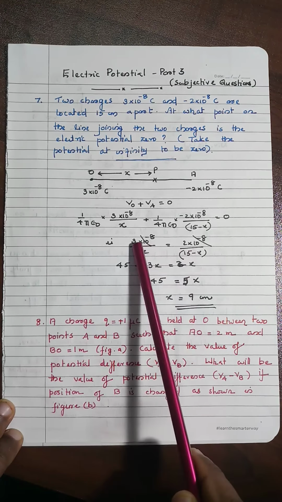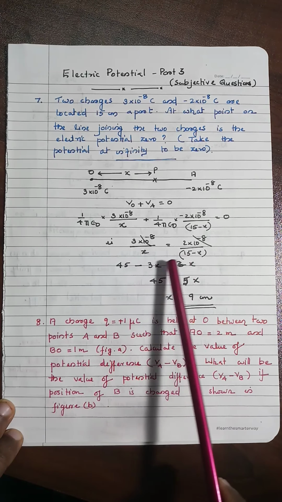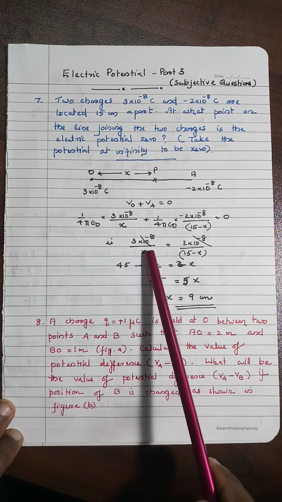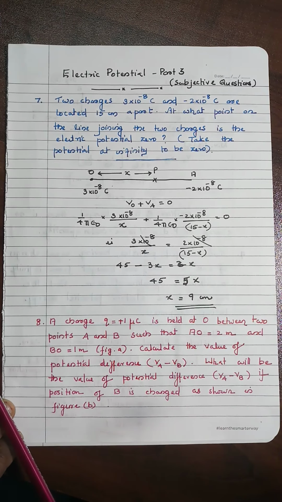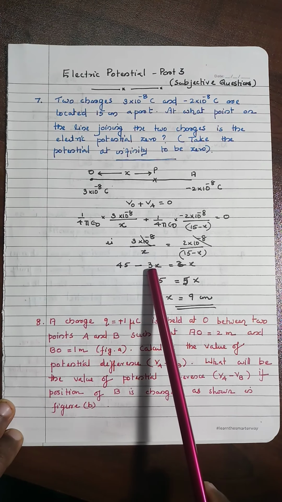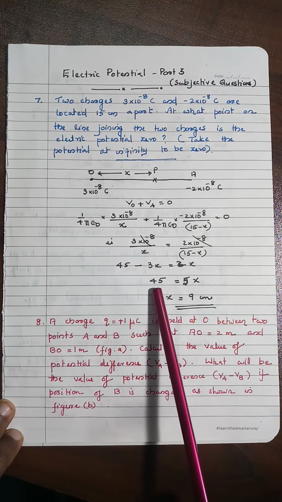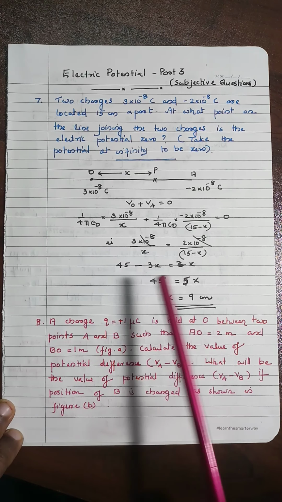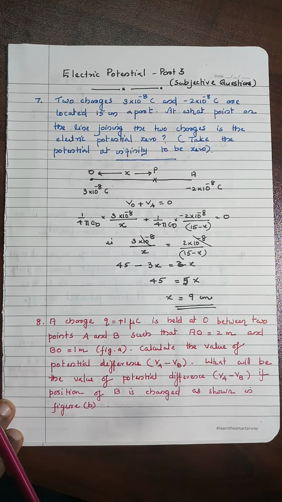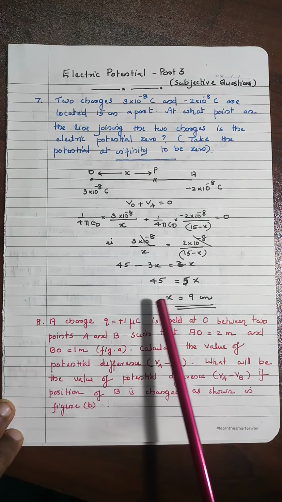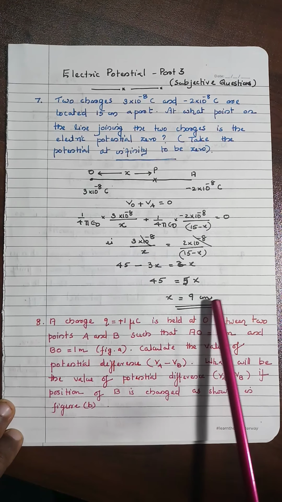So just to cross multiply, 3 into 15, 45 minus 3X equal to 2X. So you can take that 3X to right hand side, you get the value 45 equal to 5X. And hence you get the answer as X is equal to 9 centimeter.